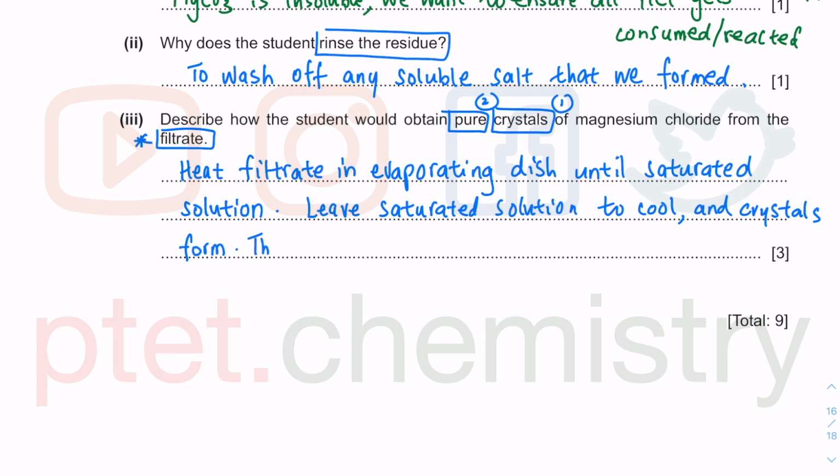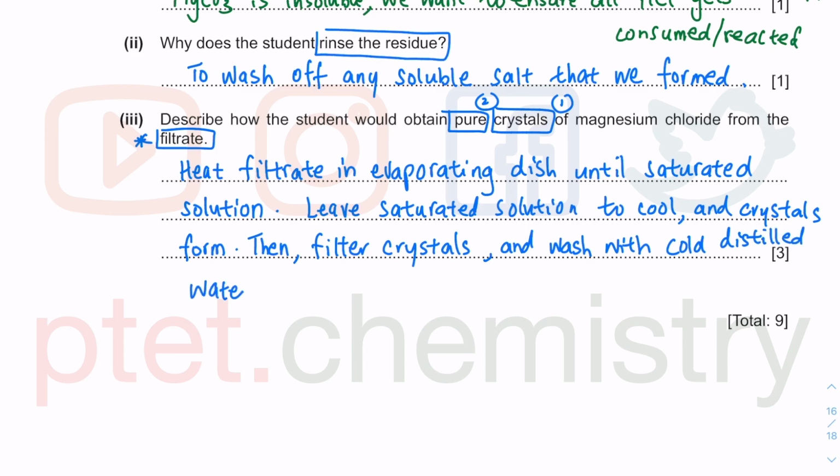Then we filter the crystals, and we have to wash them in order to purify them. We wash them with distilled water, because we don't wash with just any water. We wash with cold distilled water. They didn't ask for drying, but usually what we do is dry the crystals in between filter papers.